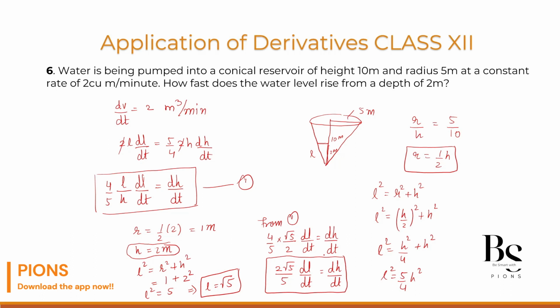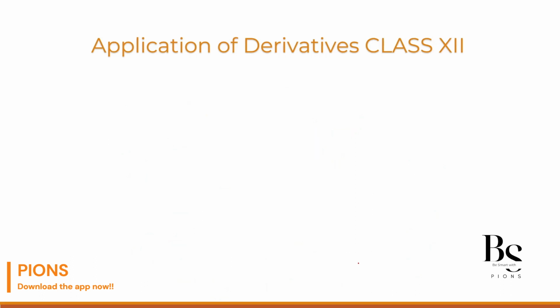We found a relation between H and L. Now this will be equation 2 and will be used for volume because volume is given. Volume here is 1 by 3 pi r square h, correct? And for a cone, r square in terms of slant height will be L square minus h square.